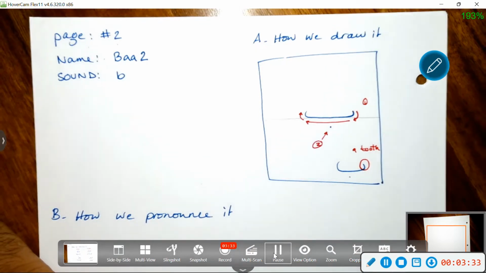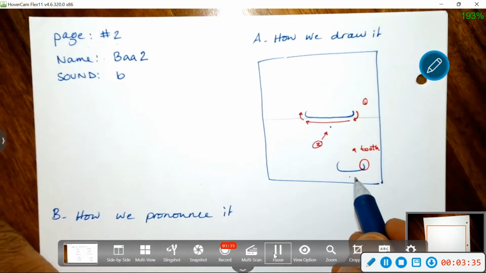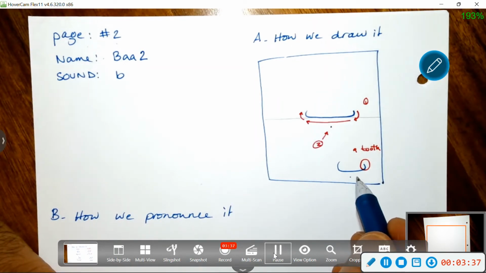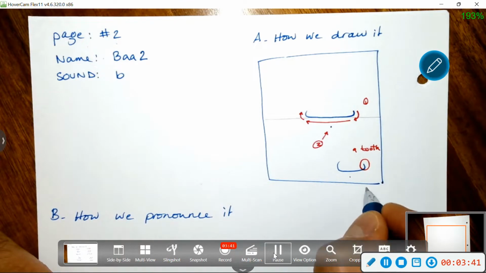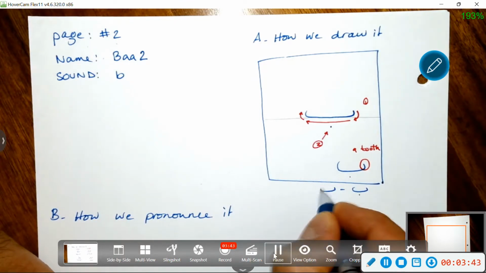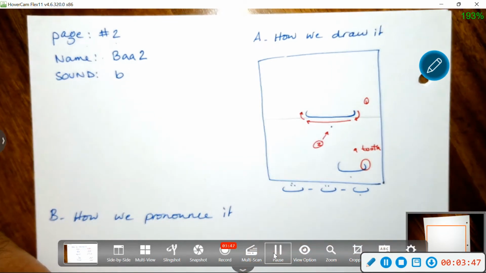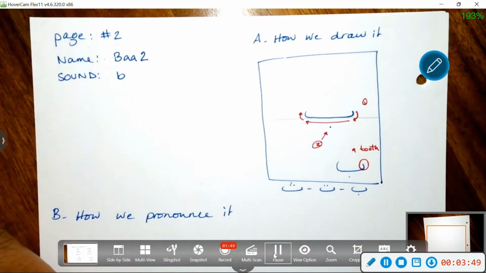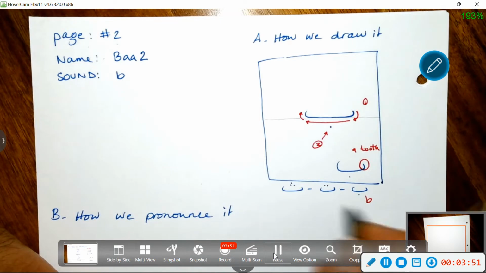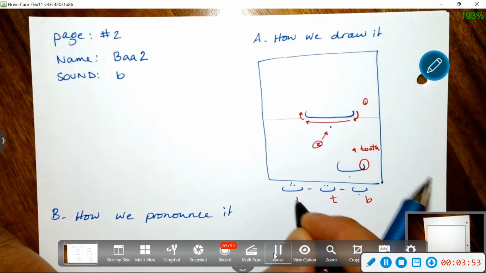Now, when we learn the letter Ba, we're in fact learning three letters, because we have three letters that look alike: Ba, Ta, and Tha. This is Ba, this is Ta, this is Tha.